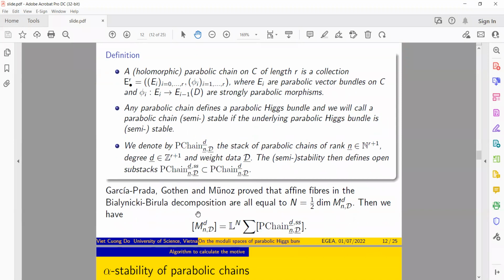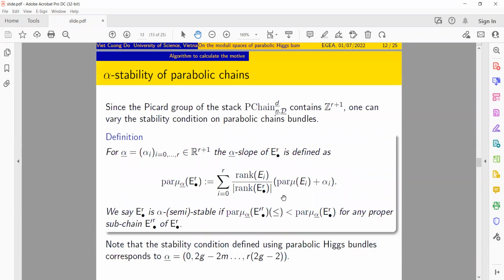So now we want to calculate the class of the moduli space of parabolic Higgs bundles. Because of this formula, we need only to calculate the class of parabolic chains, so it is first reduced to this calculation. I focus on calculating the class of parabolic chains.